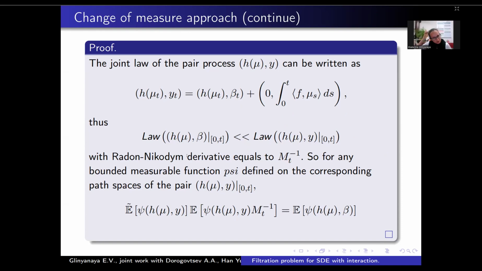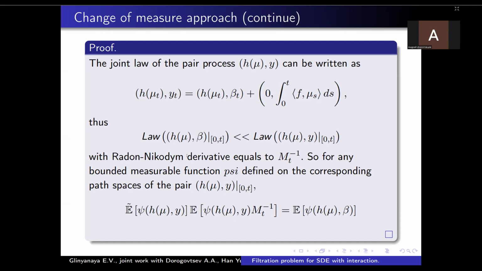So we can consider H here as an integral with respect to mu of some function. Then it will satisfy. So the problem will be reduced to the filtration of Ito processes, yes? Right, right. So in general, it is not true.